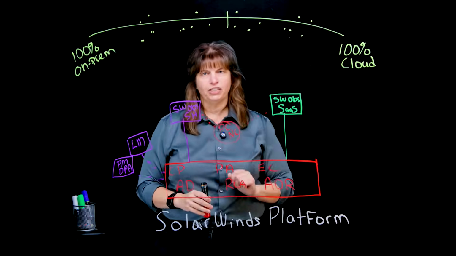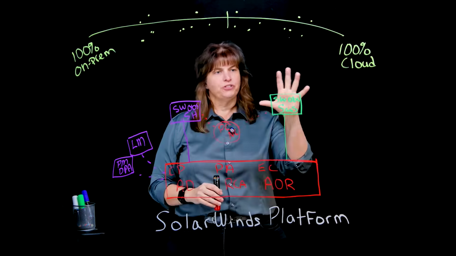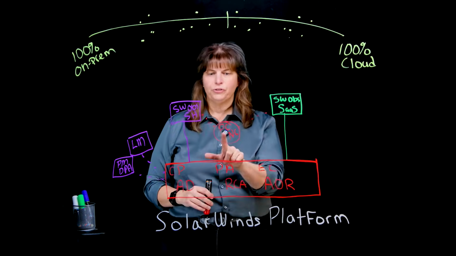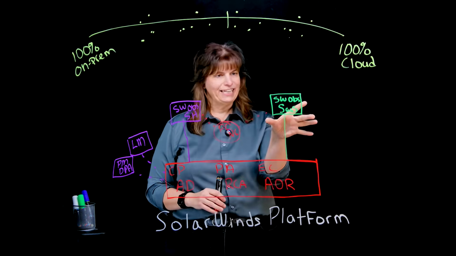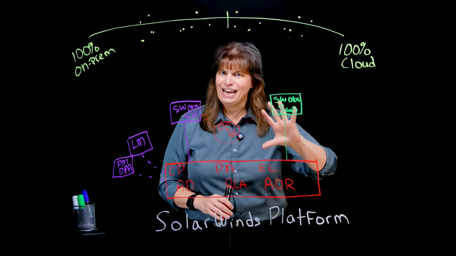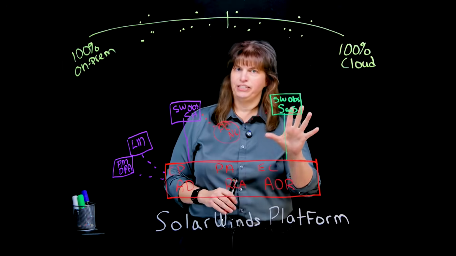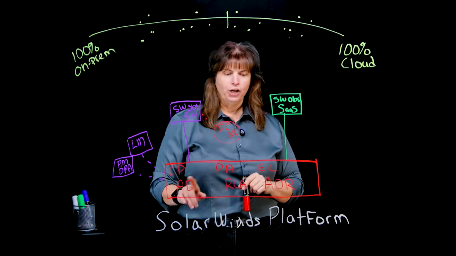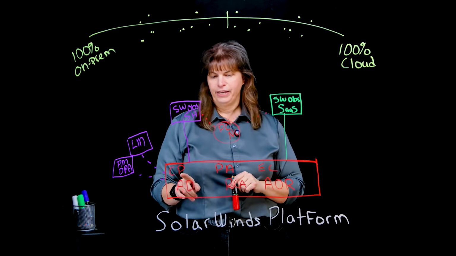But what Platform Connect also does is for customers, even if they don't have any kind of a SaaS environment, you can still use Platform Connect to connect out to the SaaS platform, which has AI technology and machine learning technology natively built into it to do anomaly-based alerting. Okay?